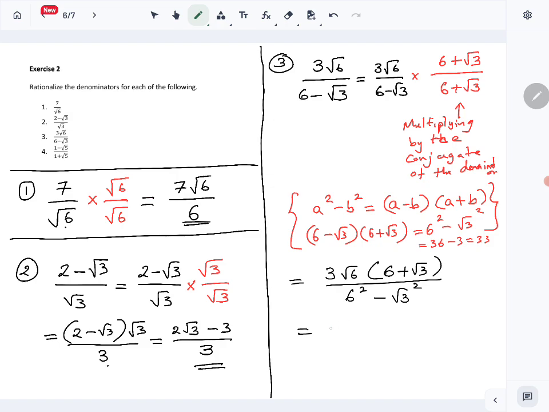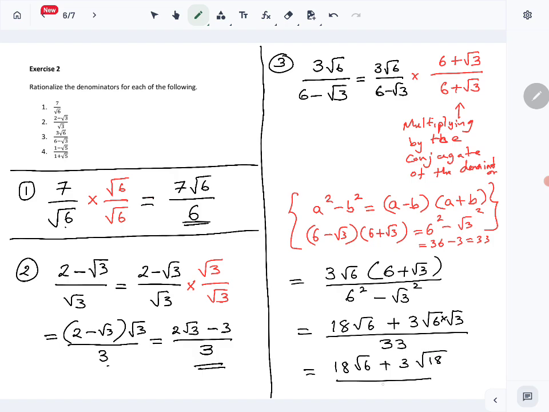So you get 18 root 6 plus 3 root 6 times root 3, divided by 33. Then let's simplify this. 18 root 6. These two put under 1 square root. So 3 square root 18 over 33.